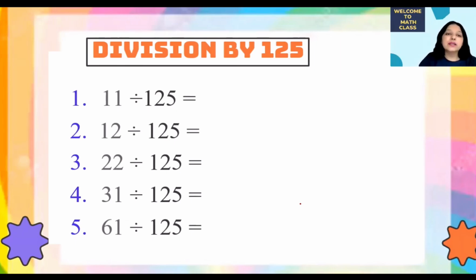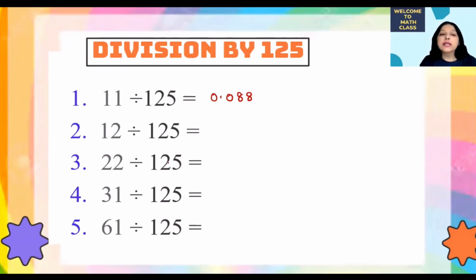Now see the questions on my screen, and you can do it very quickly. So 11 divided by 125. 11 times 8 is 88. So the answer will be 0.088. Write all the answers in your notebook quickly, because after this we will do the quiz questions.